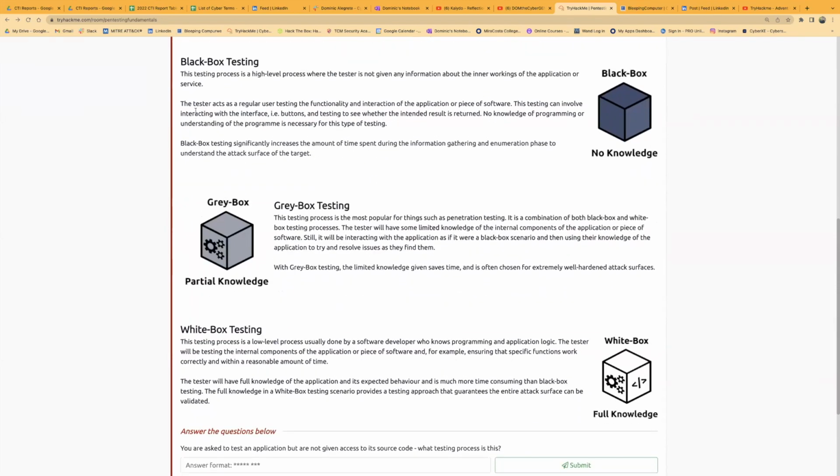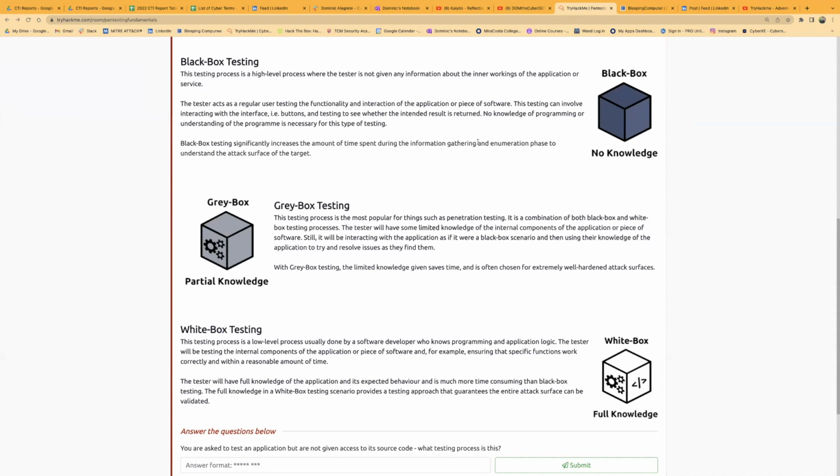What this is saying is that the tester is a regular user, so they maybe give them privileges like a baby user. I kind of like it. It's a regular user, nobody with high levels of privileges, and it's their job to interact with different things to see what they can get. It's also saying no knowledge of programming or understanding of programs is necessary for this type of testing.